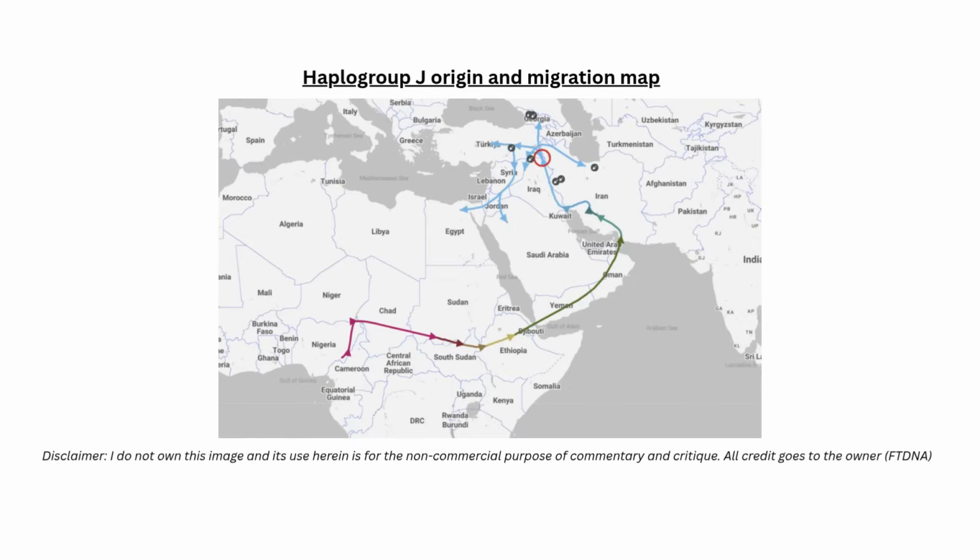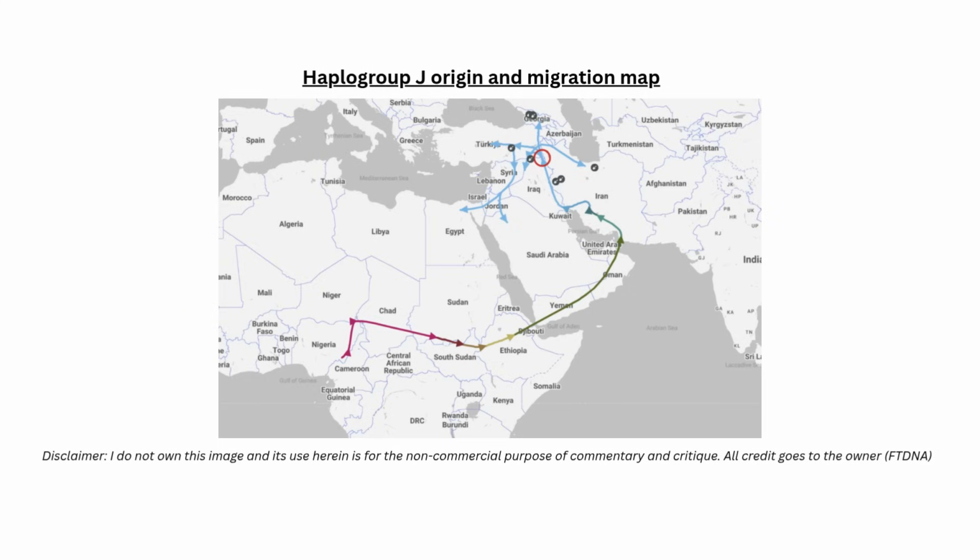This chart is from Family Tree DNA, and all rights and credit goes to them as the owners of this image. I'm just using it here for commentary, but it's a fairly recently updated migration map of the haplogroup J. Let me explain a little bit what's shown here. So this line, you see it starts as a purple line.